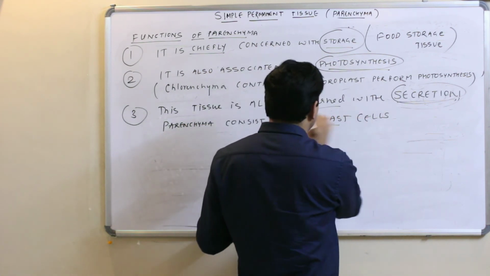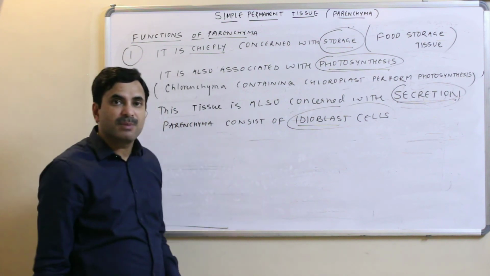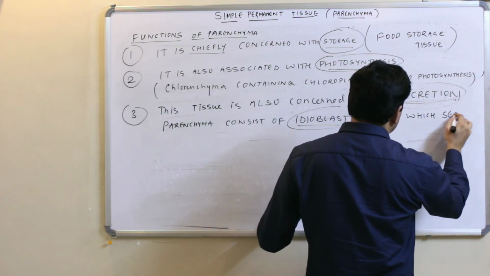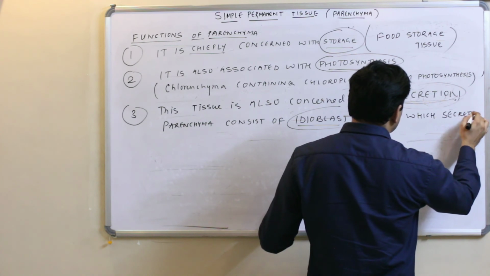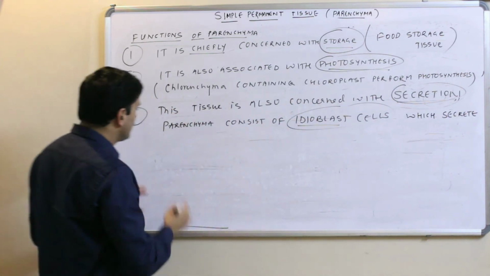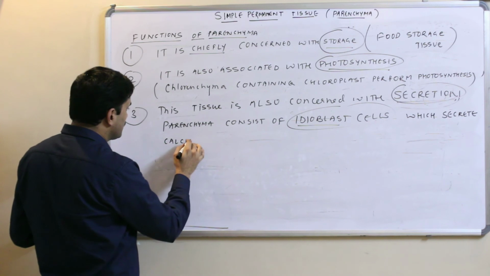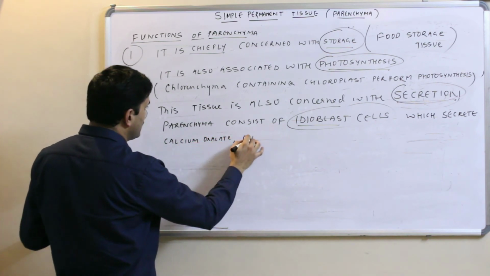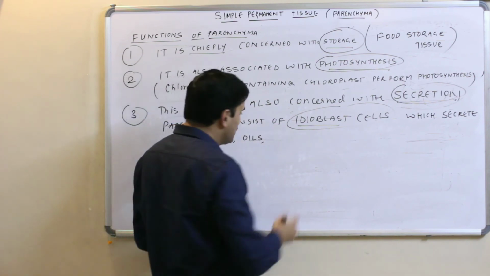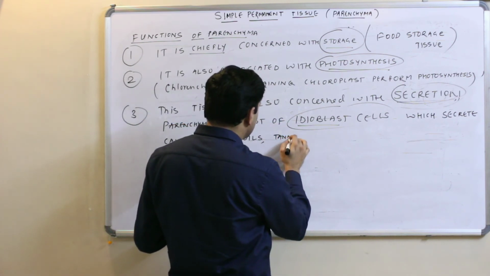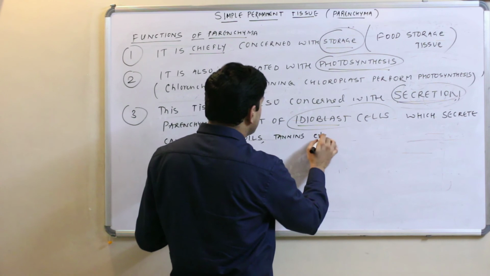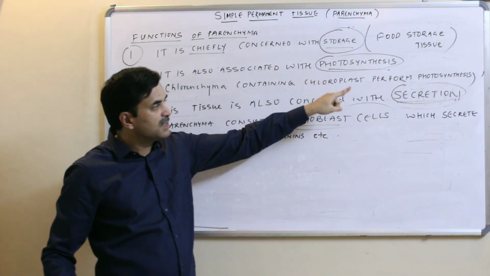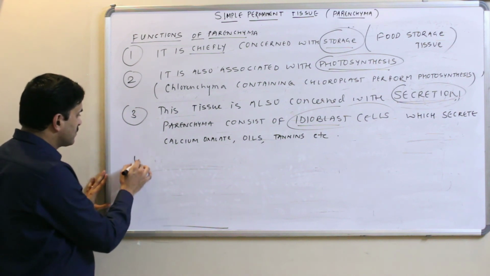Very important. Idioblast cells which secrete calcium oxalate, oils, tannins, etc. So they are concerned with storage, photosynthesis, secretion.